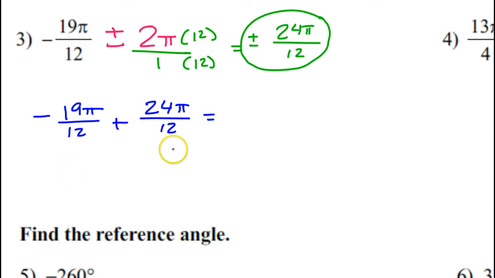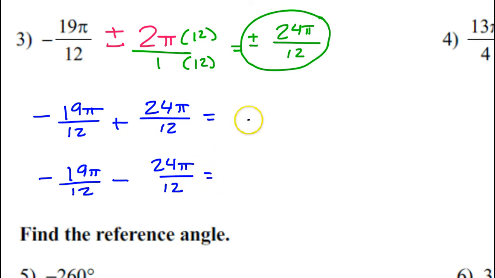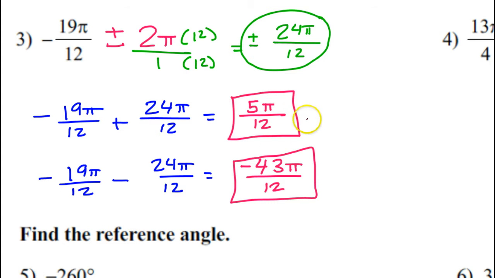And to get a negative coterminal angle, I can do negative 19 pi over 12 minus 24 pi over 12. Again, I'm really just adding and subtracting 2 pi. I've just written it with a denominator of 12. So this is how we can get our coterminal angles. The coterminal angles are 5 pi over 12 and negative 43 pi over 12.